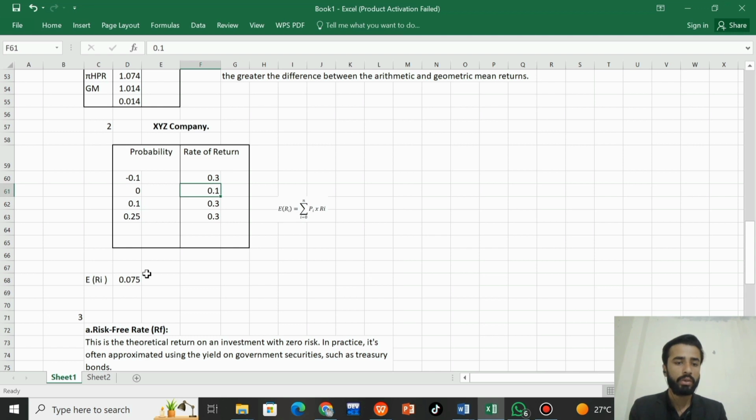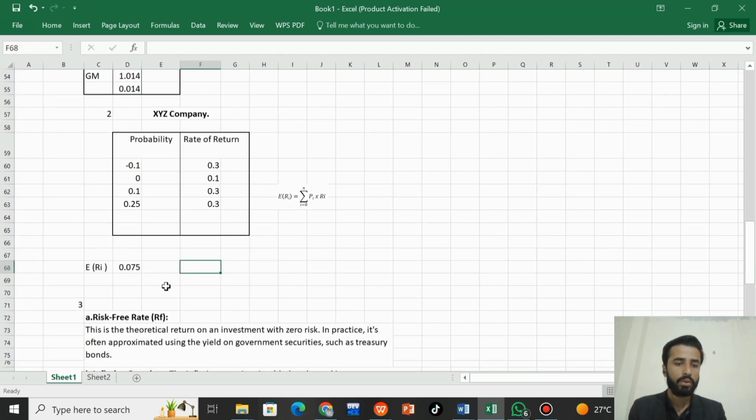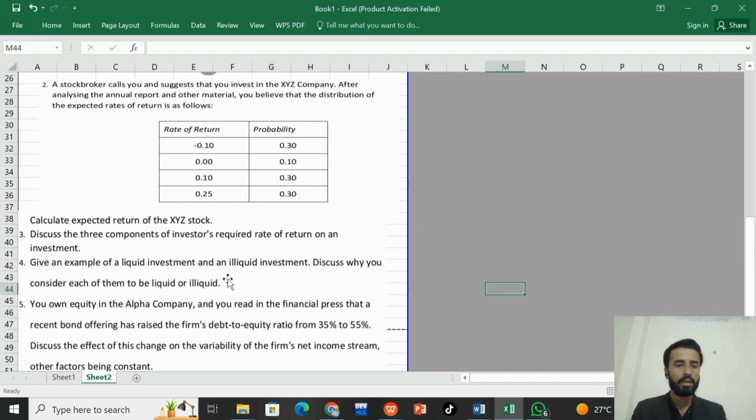In this way, we calculate all of these numbers. I've got this answer, 0.075. So the expected rate of return is 0.075.